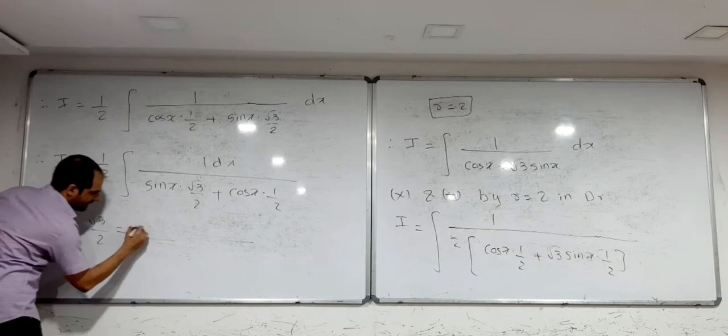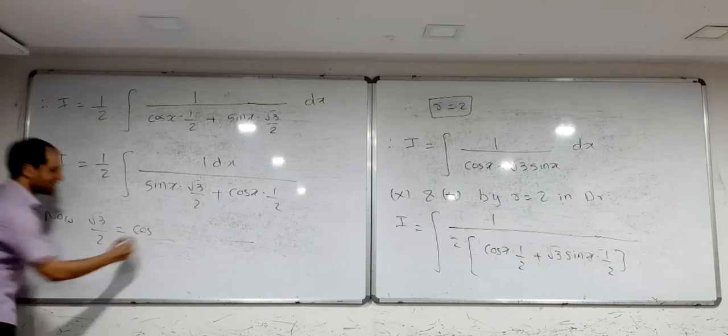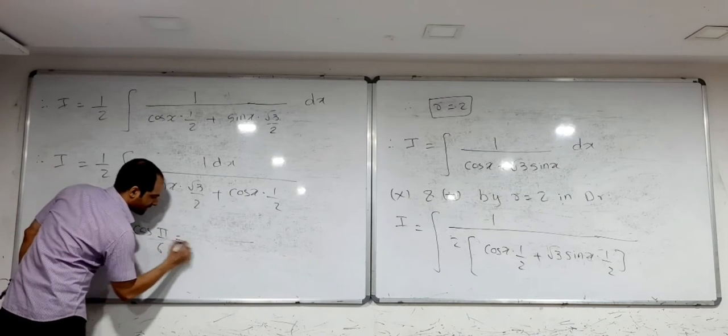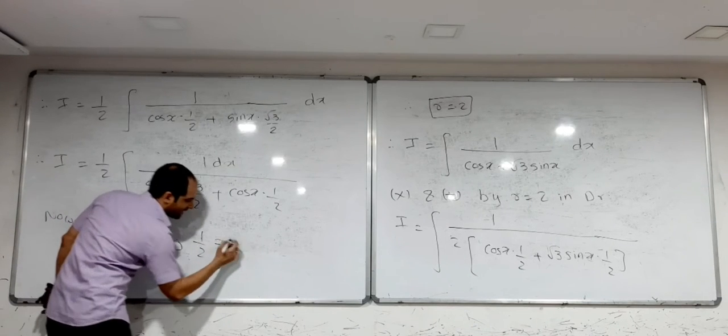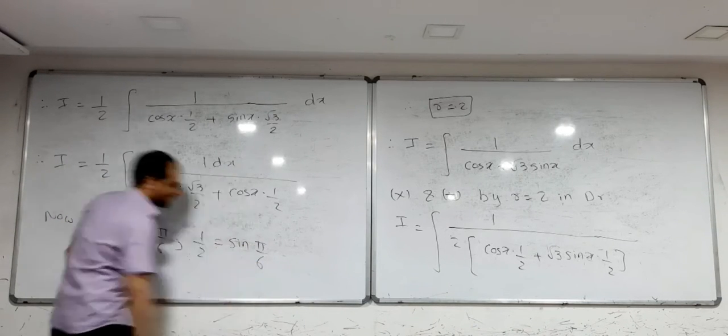Root 3/2 is cos of pi by 6, which is cos 30, and half is sin of 30 degree, which is sin of pi by 6.